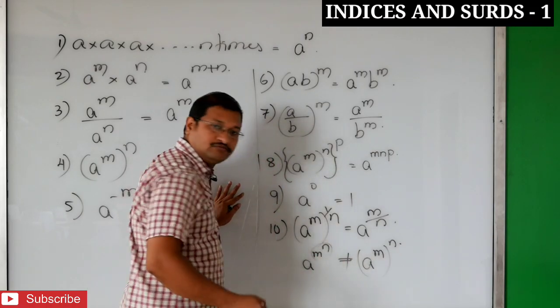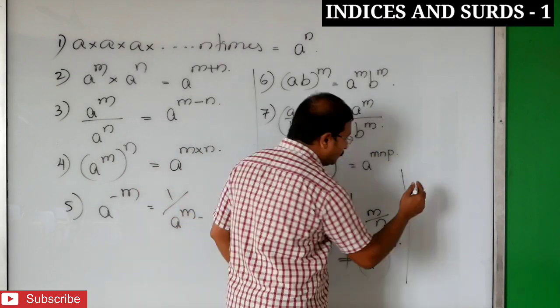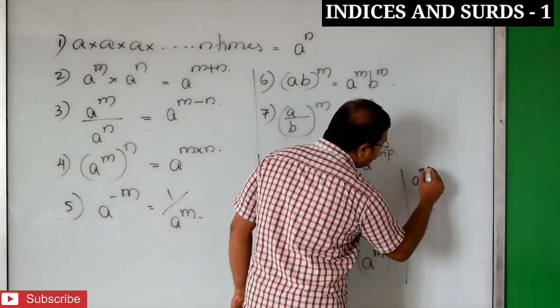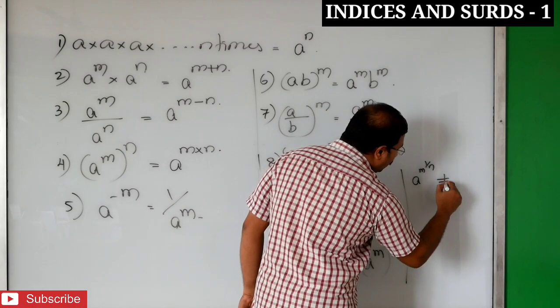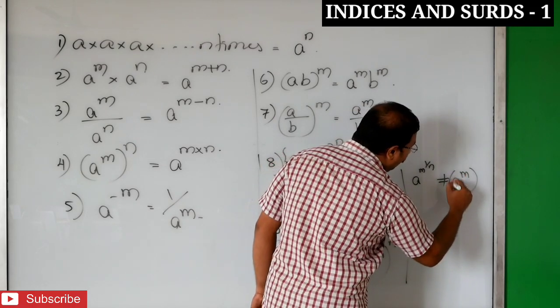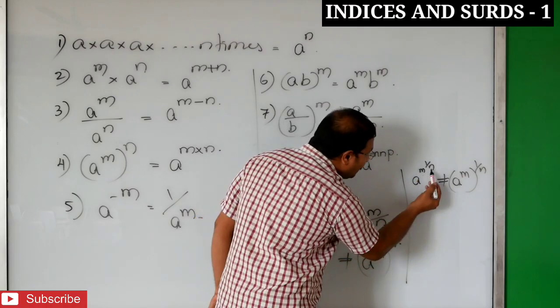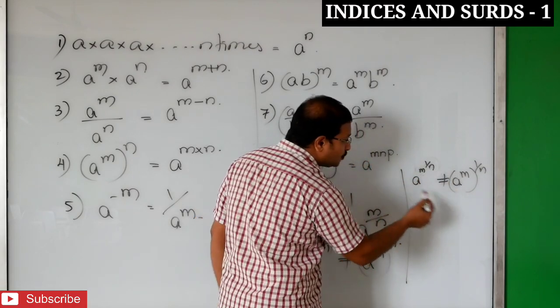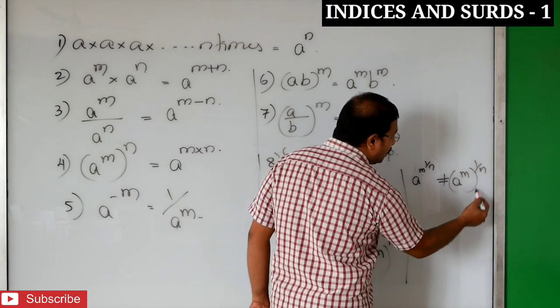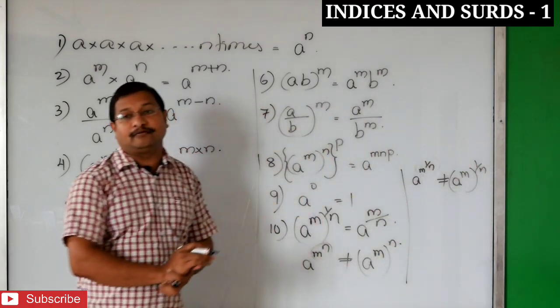Same style, a raised to m raised to 1 by n is not equal to a raised to m the whole raised to 1 by n, because this power is only for m.